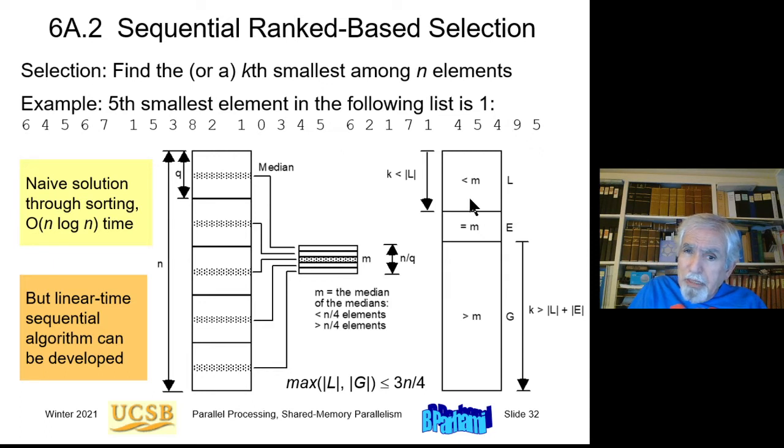Reorganize the original list so that everything smaller than m comes at the beginning, everything larger than m at the end, and everything equal to m between those two. And then based on the value of k, we have to look in this part for the kth smallest, or in this part, or the kth smallest is in this part. In other words, it's equal to m.